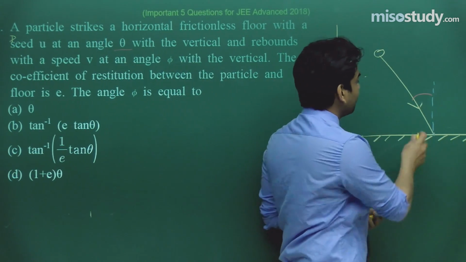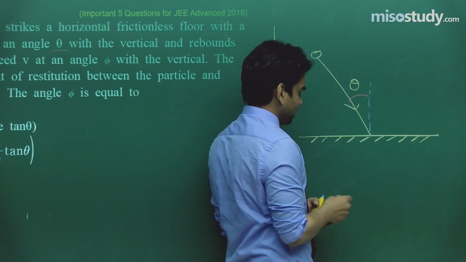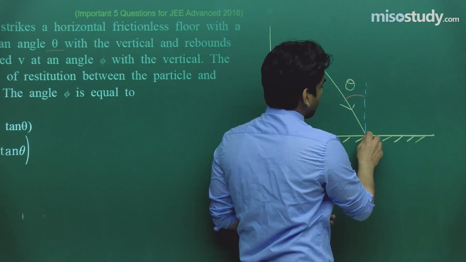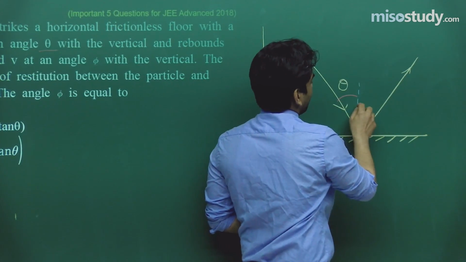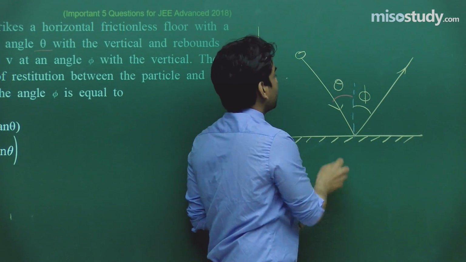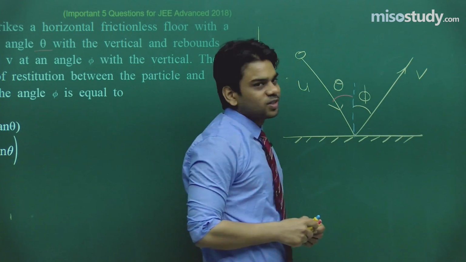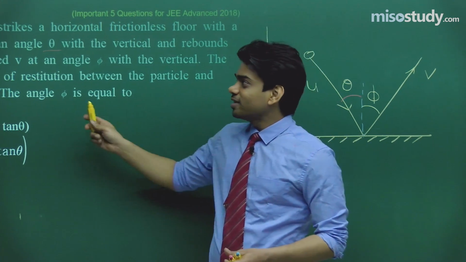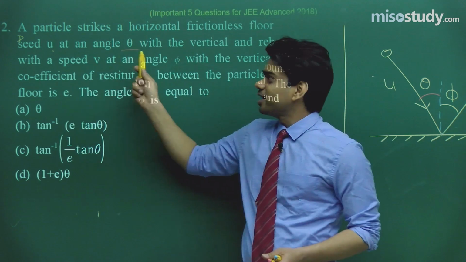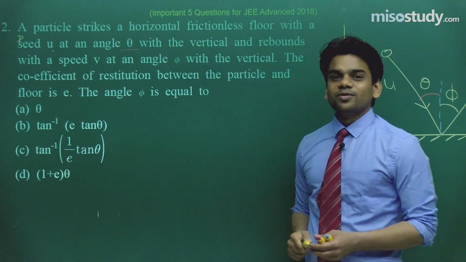So let me mark here, this angle is theta. It rebounds with a different angle, at an angle phi with the vertical. This is what has been given. Moves with speed u, then again finally reflects with speed v. See, we have marked its initial speed u, angle theta with the vertical, then again rebounds with speed v at an angle phi with the vertical.